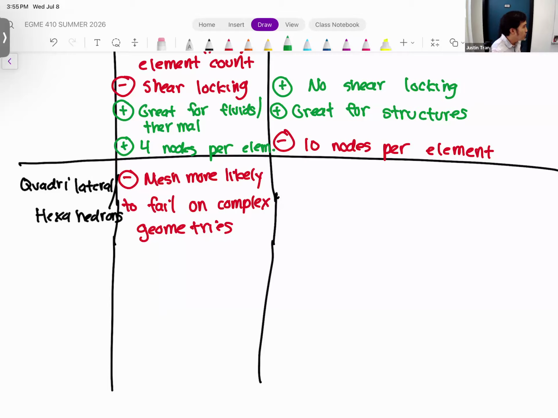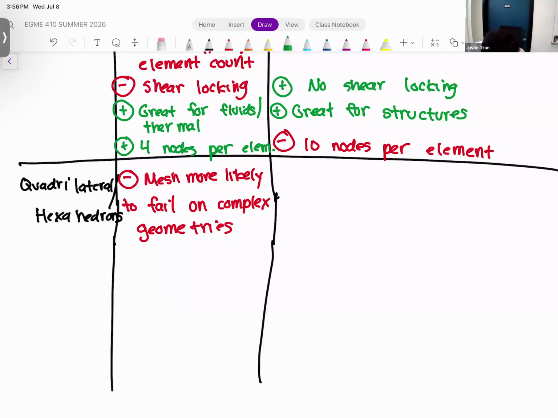And so in those cases, you could switch to a TET, or one thing you could also do is that if you could identify which regions in your geometry are having trouble meshing with hexahedrons, you can convert just that section to tetrahedrons and try to maintain hexahedrons for everything else. So you're taking a mixed meshing approach, which is what we're going to do tomorrow in activity.